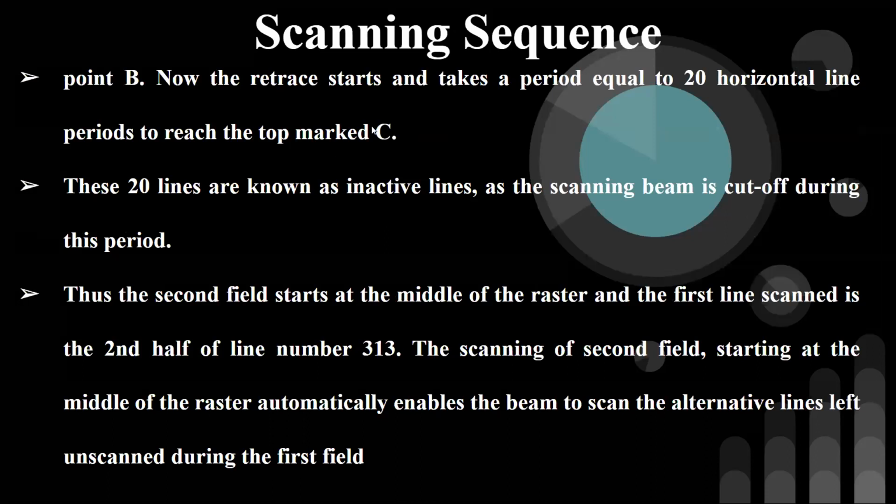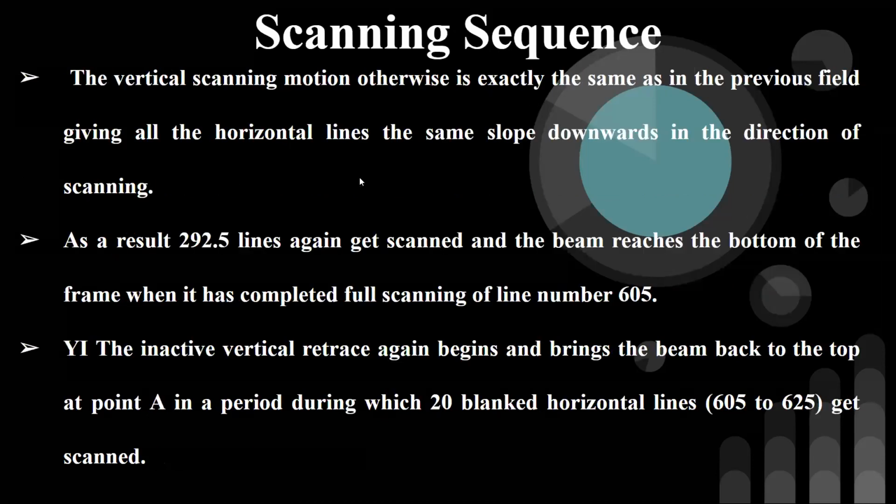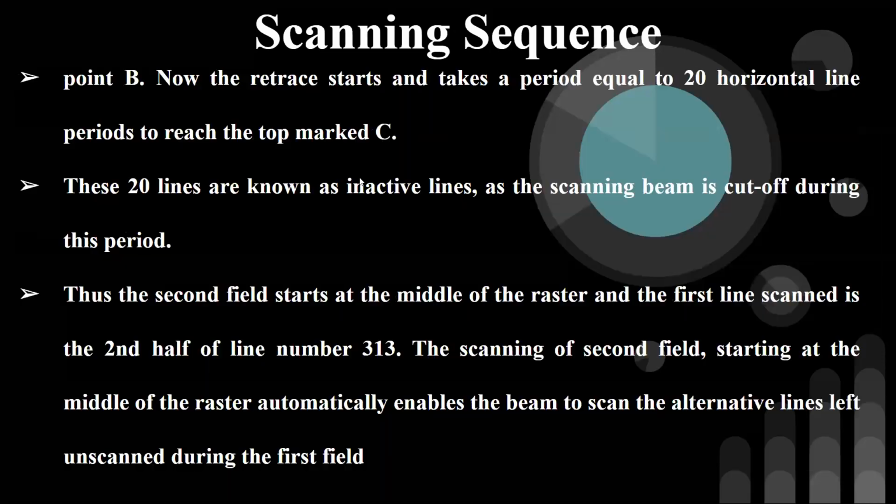Now the retrace starts and takes a period equal to 20 horizontal lines, as shown in the figure. So these 20 lines are known as inactive lines. The scanning beam is cut off during this period. The second field starts at the middle of the raster.